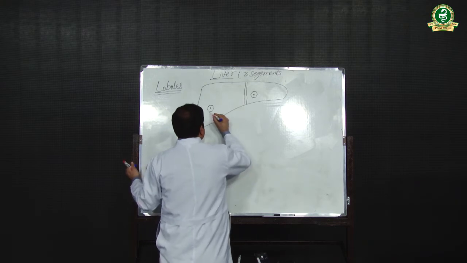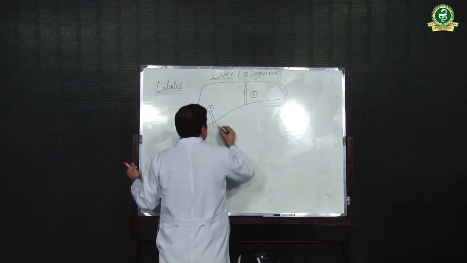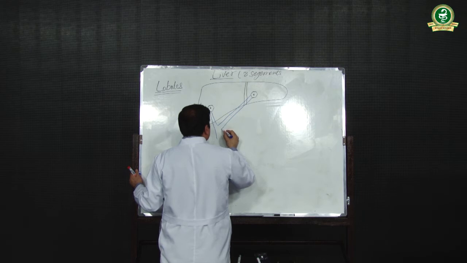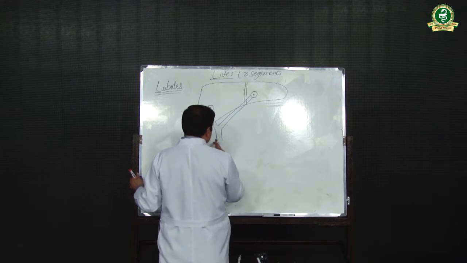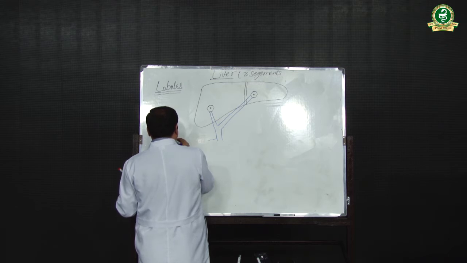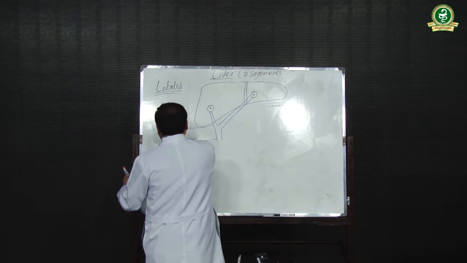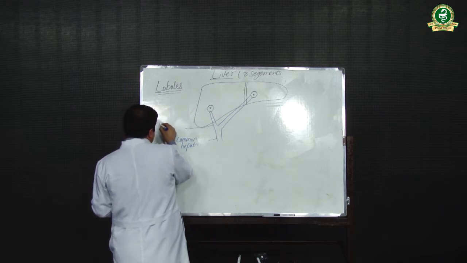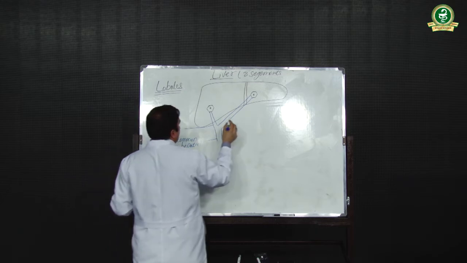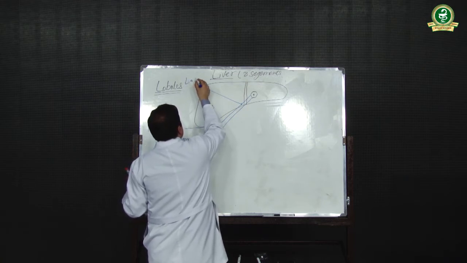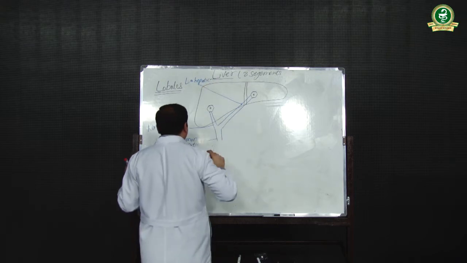I give it a color. Common hepatic artery means right hepatic artery and left hepatic artery, which are branches of the common hepatic artery.